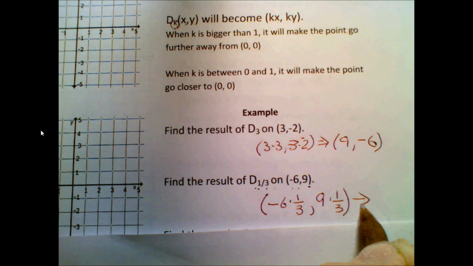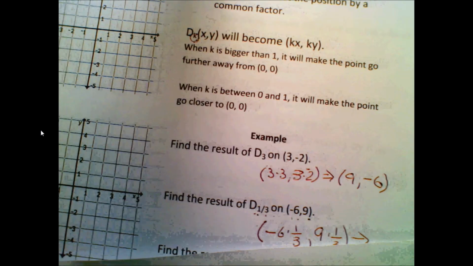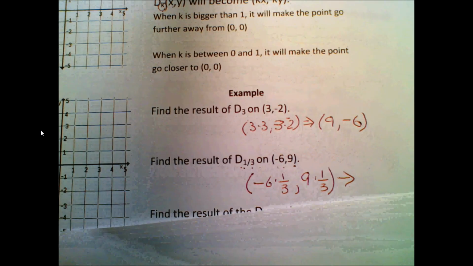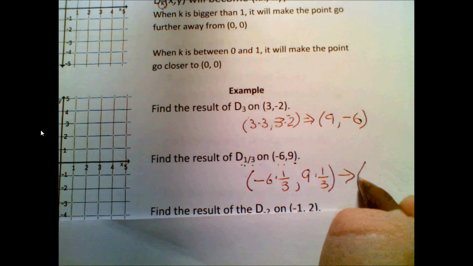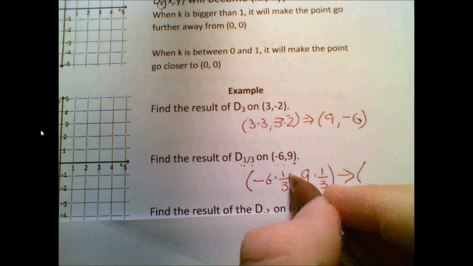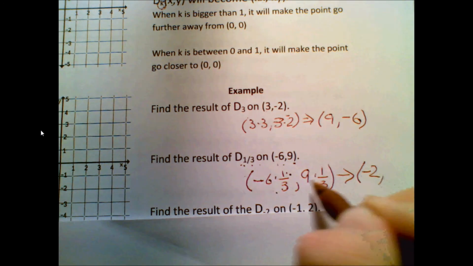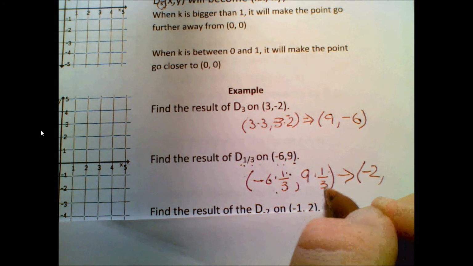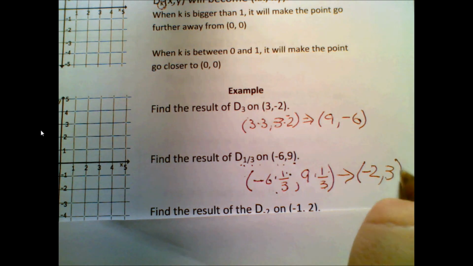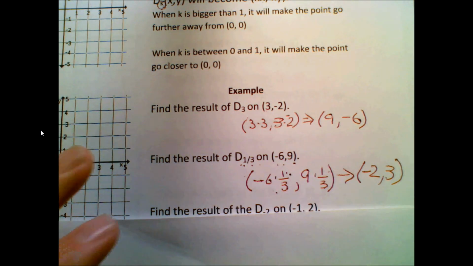When you work with a fraction, you're really dividing, so -6 divided by 3 is -2, and 9 times 1/3, or 9 divided by 3, is 3. So you get that point.